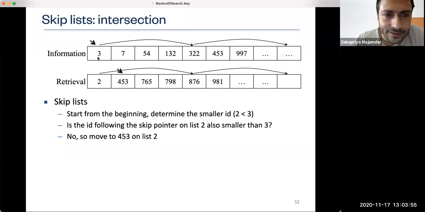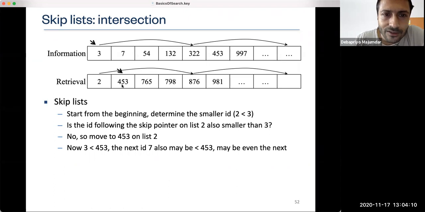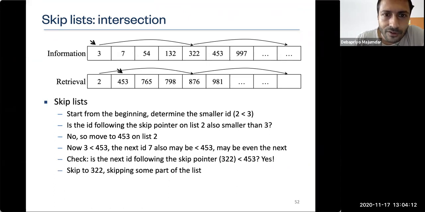Now look at this. 3 is smaller than 453, so we know that we have to move in this list. But should we move one step or should we jump? We follow this pointer and check that 322 is also smaller than 453. So we can jump straight here and save these comparisons.